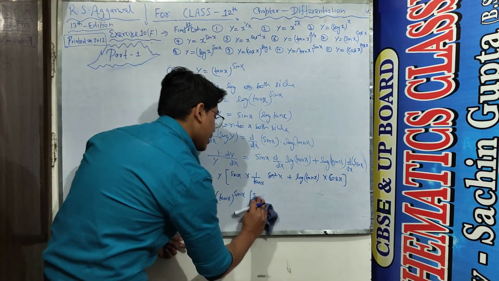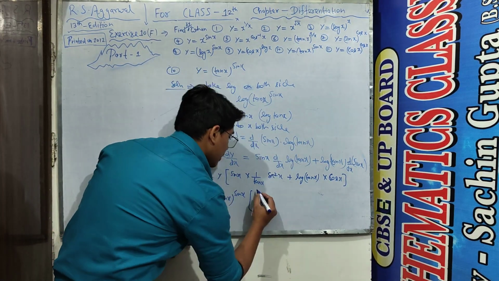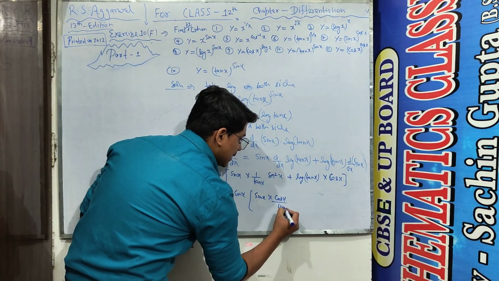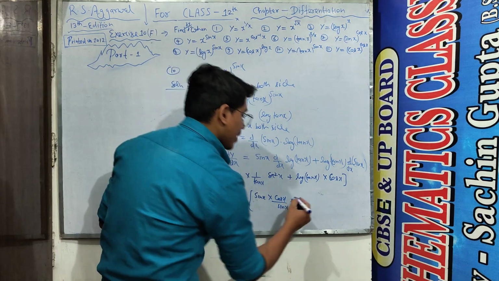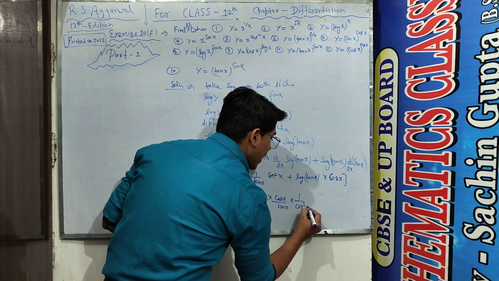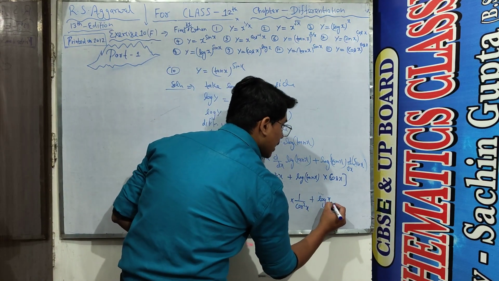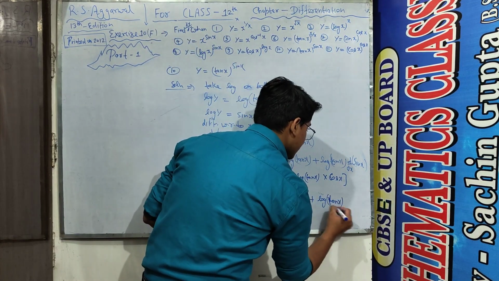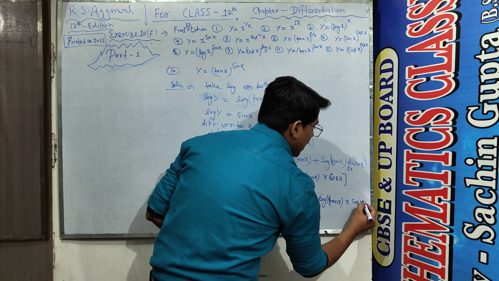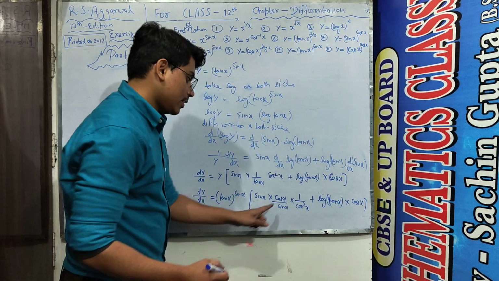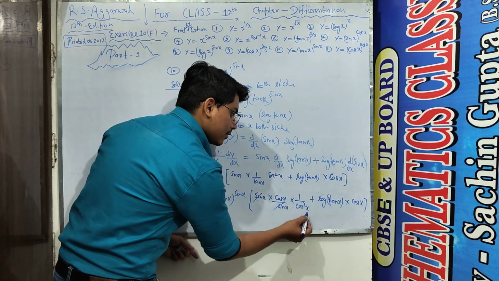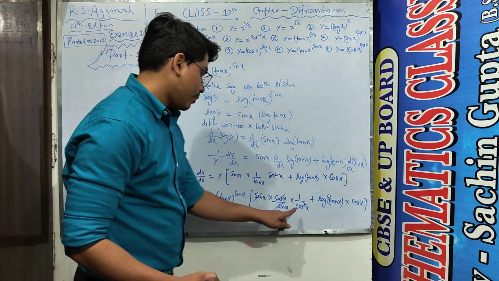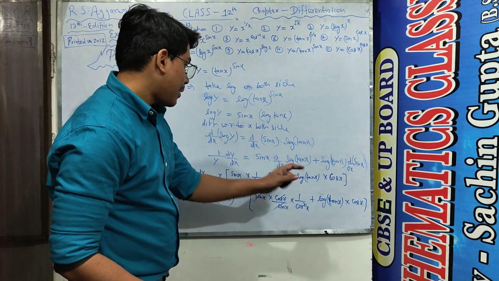So I write it as sin x upon sin x into cos x upon sin x, and sec square can be written as 1 upon cos square x, and this log x I write as well, and log tan x as well, and this cos x I also write as well. Now, students, this sin and this sin get cancelled, and this cos and this cos square get cancelled, then it becomes only 1 upon cos, which can be written as sec.